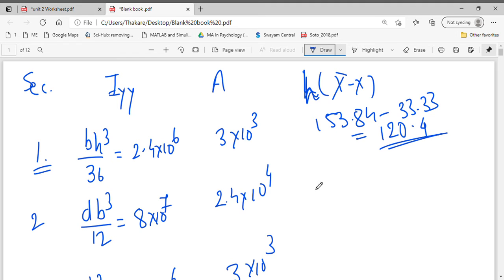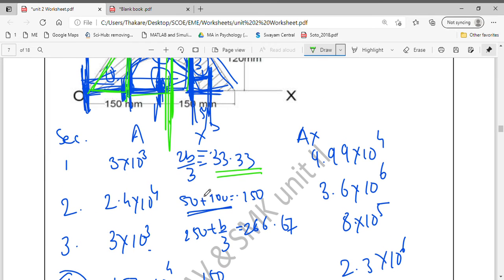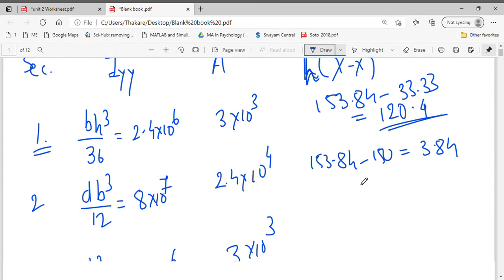For second section again 153.84 minus second section's x bar, which is 150. This will be 3.84.